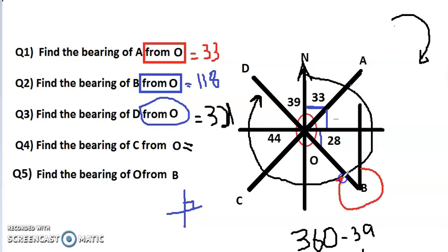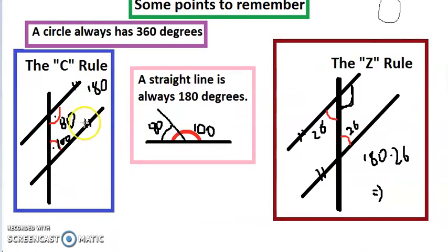Now how am I going to find that? Now as I've said, an entire circle is always 360 degrees, right? And we need to find the circle without this small part. Then the second part is, I hope you remember the C rule mentioned over here, that this line and this line will always be equal to 180.